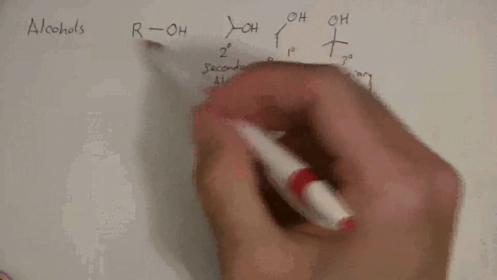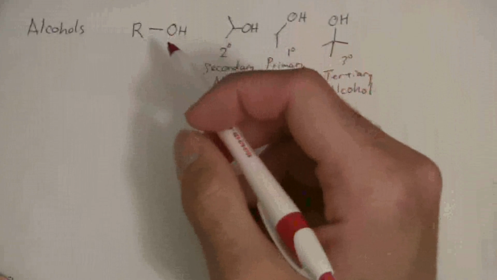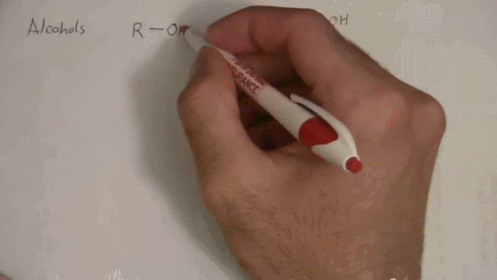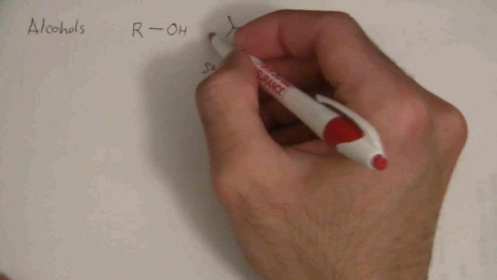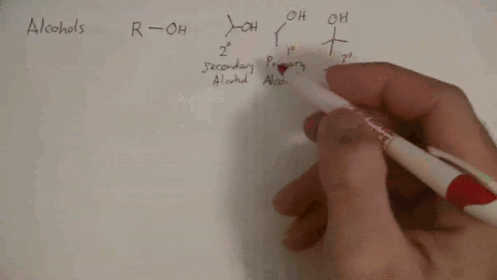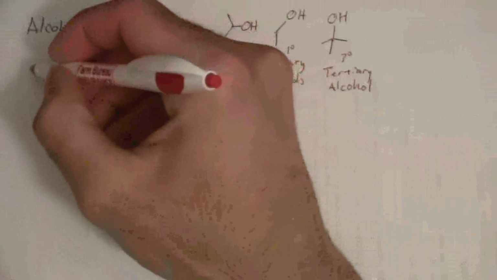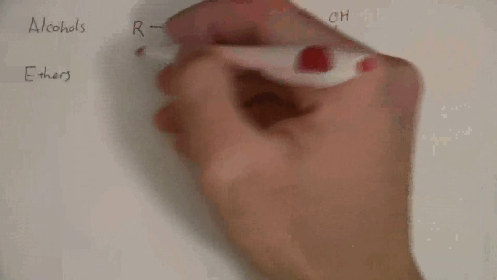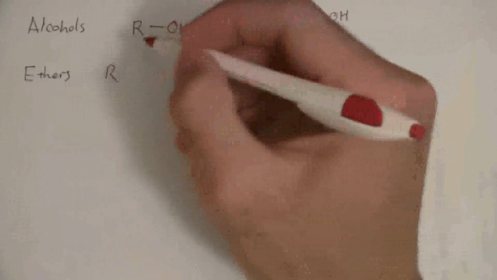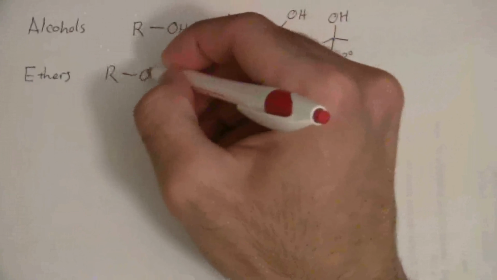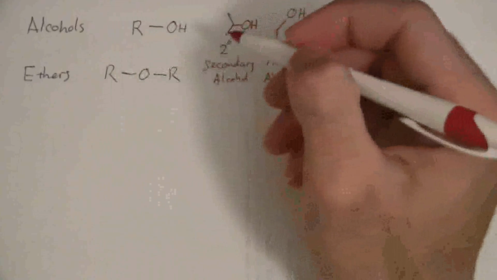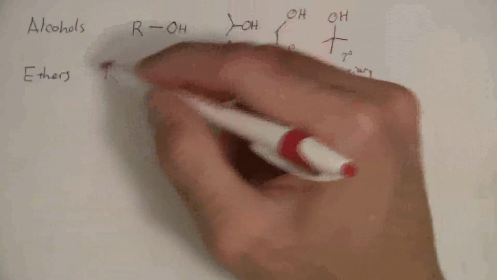Okay, so we have alcohols, and then do you remember the related functional group to alcohols, where if I take that hydrogen and replace it with a carbon chain, those are called ethers. That's right. So an ether has a carbon chain and then oxygen, but instead of hydrogen we have another carbon chain, not necessarily the same one.